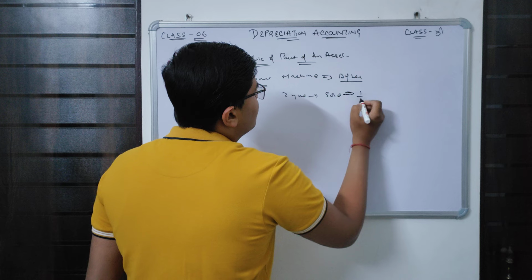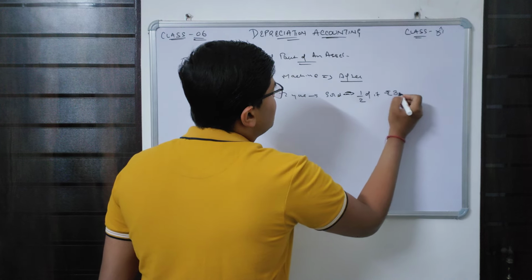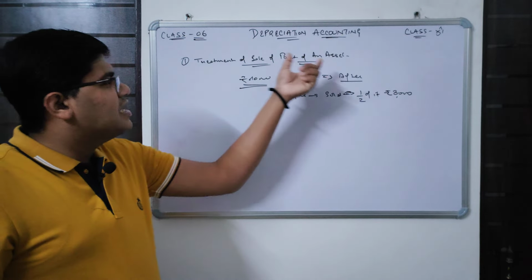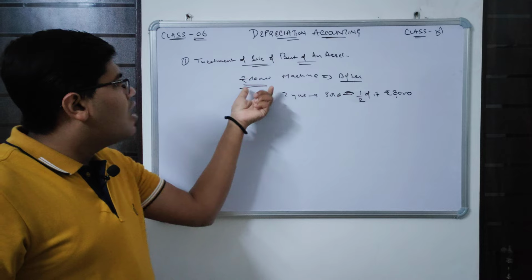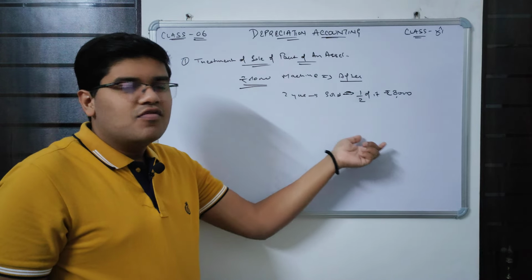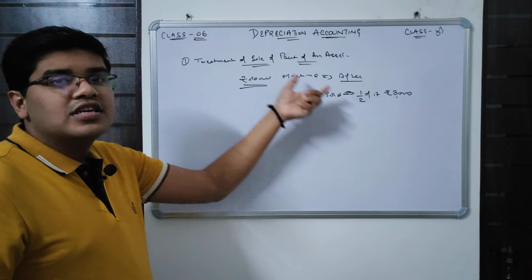Let me take 1/2 of it, sold at rupees 8,000. So this is called the treatment of a sale of part of an asset. We are selling a part of an asset. It can be half, 1/3, 1/4, 1/5, 1/6 depending upon the question. So this is our first concept.